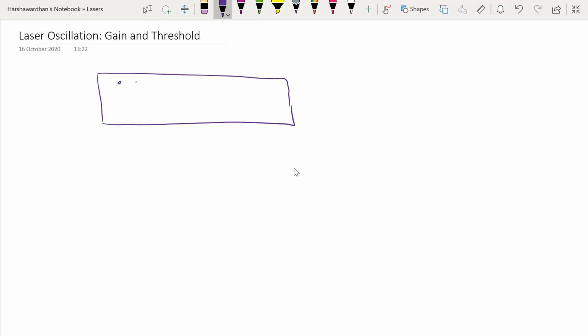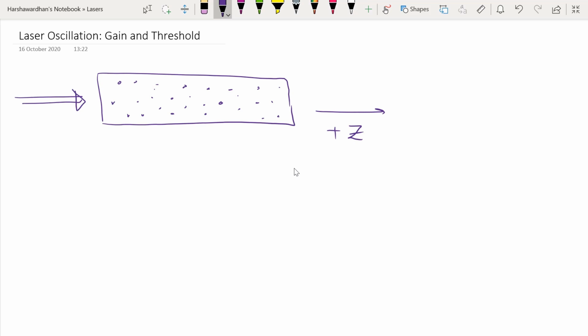And it has got a collection of atoms. These are my active atoms, and this could be a gas, it could be a doped solid, whatever you would like. But at the moment, let's look at a gas. And this is my positive z direction along which my radiation is coming in.